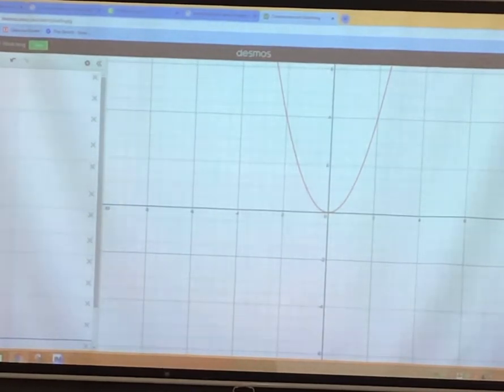If I put a negative in front, again, a negative without the parentheses, can somebody tell us what's gonna happen? Yeah, it flips and it reflects over the x-axis. So if I've got a negative, notice it creates that purple curve right there and reflects over the x-axis.